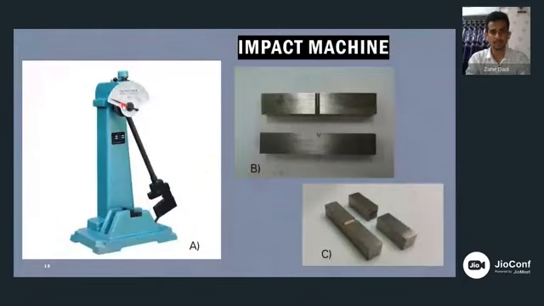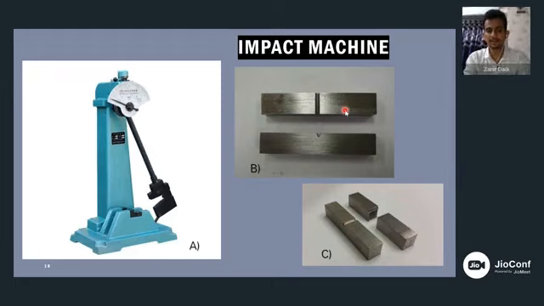Here is a Charpy impact machine in which we make specimens of a size of 10 by 10 and a width of 55, depending upon the material thickness and other things. This particular size is derived from the ASTM and ASME standards.